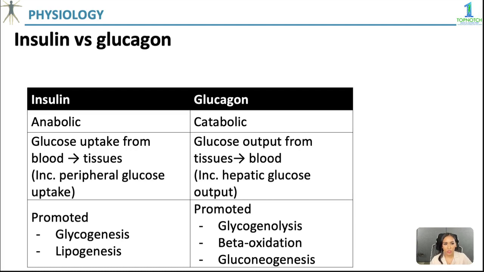Whereas glucagon encourages glucose output from the tissues going to the blood. So there's increased hepatic glucose output. So insulin promotes glycogenesis and lipogenesis. Yung mga genesis, typically insulin yon. Glucagon promotes glycogenolysis, beta oxidation, and gluconeogenesis. Okay, very high yield ito, no? So make sure you know your integration of metabolism.